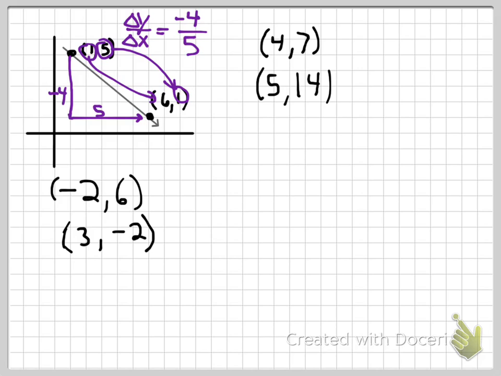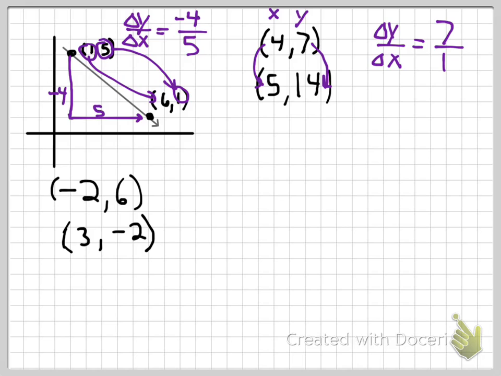So we could even take that and not even have to graph it if we have that good understanding that slope is the change in y over the change in x. Because if I look at x and y, when I just write two coordinates, (4, 7) and (5, 14), 7 to 14, it increased 7. 4 to 5, it increased 1.